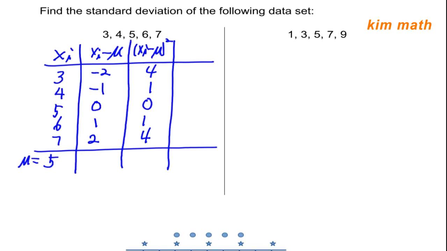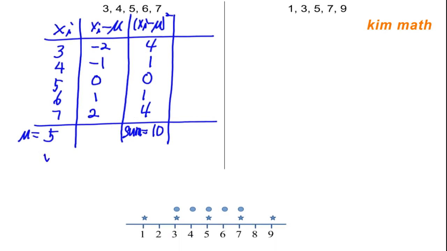Now what is the sum? Sum is 10, right? So variance, I will just use a V: sum divided by how many numbers are there? 5.